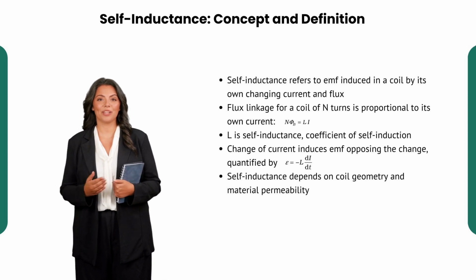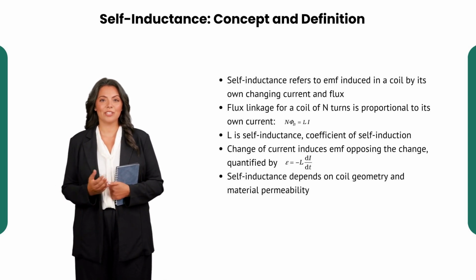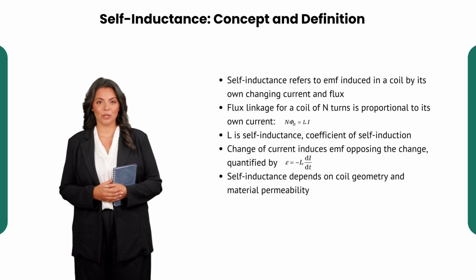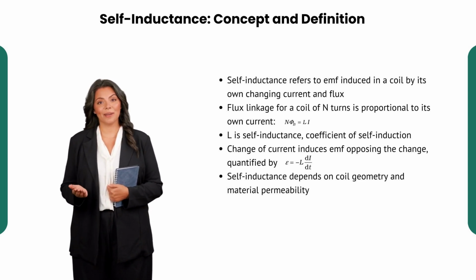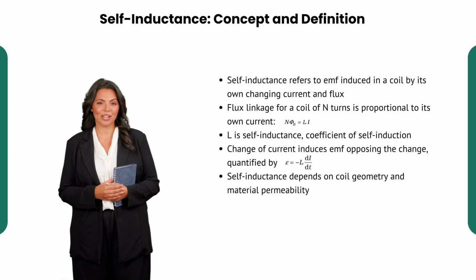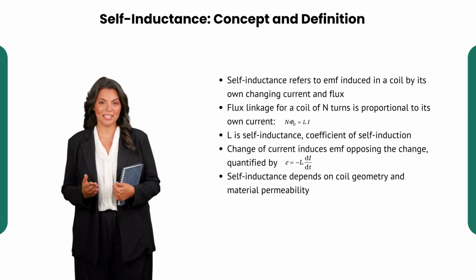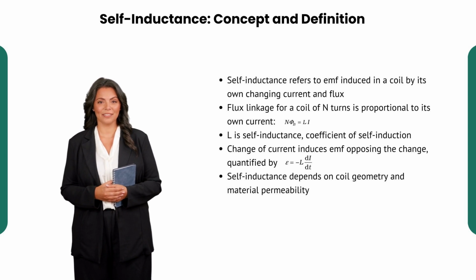When the current varies with time, the flux changes, inducing an EMF within the coil that always opposes the change, following Lenz's law. Mathematically, the induced EMF equals negative L times the rate of change of current. Epsilon equals minus L dI over dt.